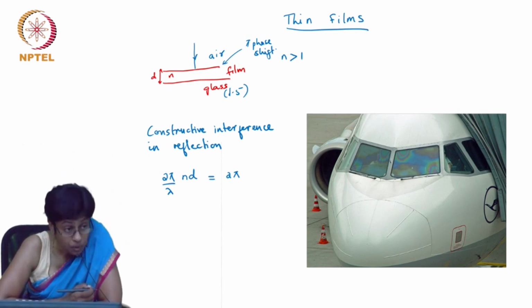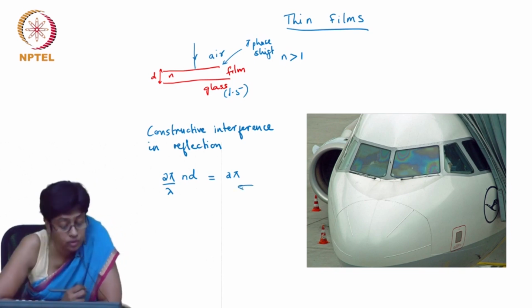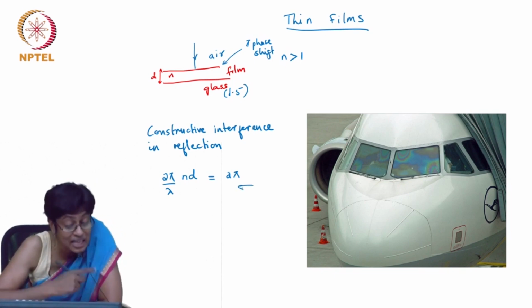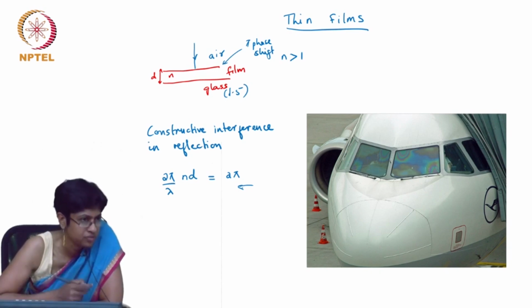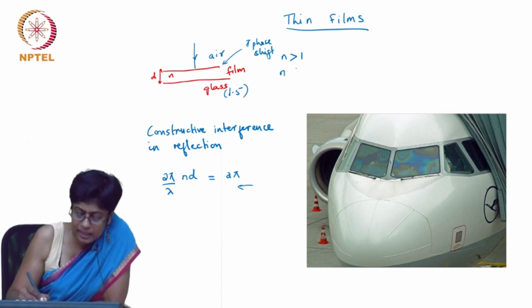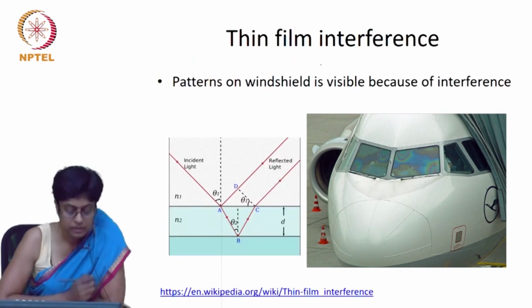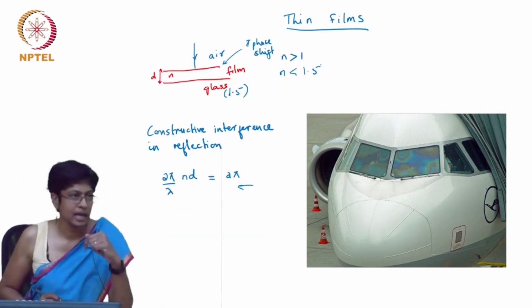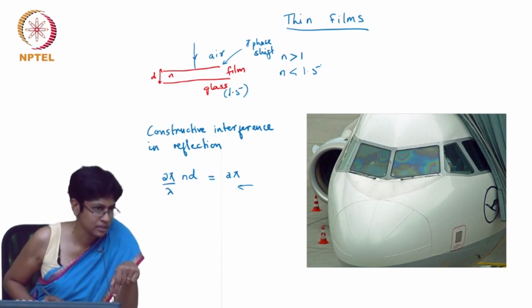Okay. Now I cannot say this is the condition for constructive interference unless I know what is n with respect to 1.5, the refractive index of glass. Okay. If n is less than 1.5, that means I will have another phase shift of pi at that interface.